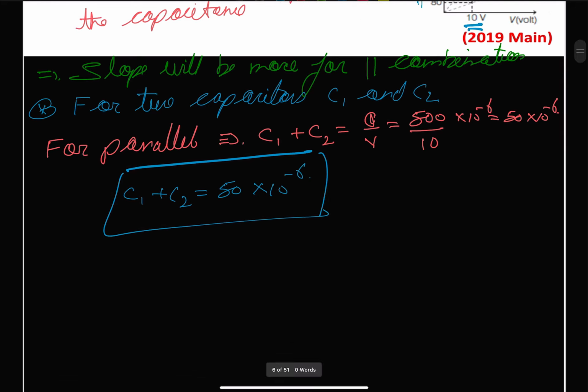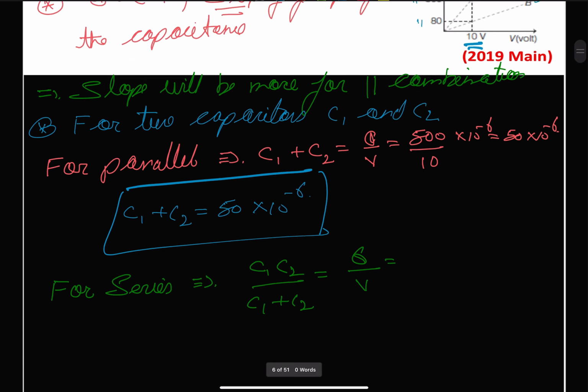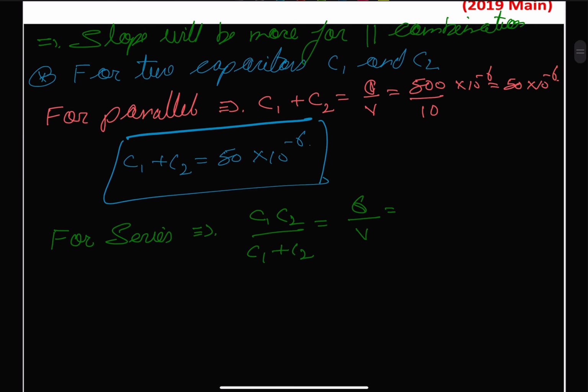And for series, we get C1 C2 divided by C1 plus C2 is equal to charge over voltage. For series the charge is about 80 microcoulomb, so this comes 80 into 10 to the power minus 6 divided by 10, which comes as 8 into 10 to the power minus 6.